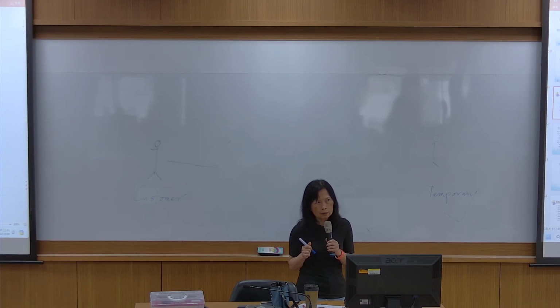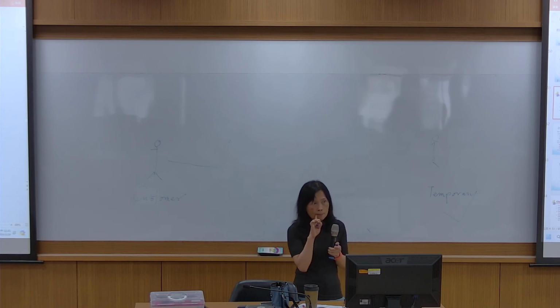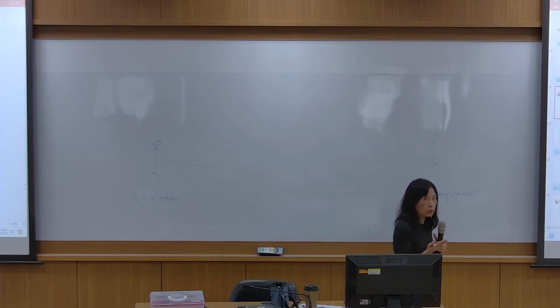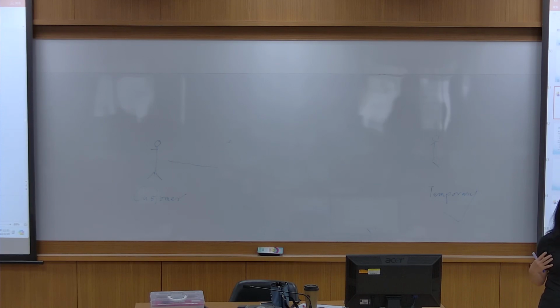From spring it transits to summer, and summer transits to fall. But we don't say the transition, right? So what is the relationship between the seasons?